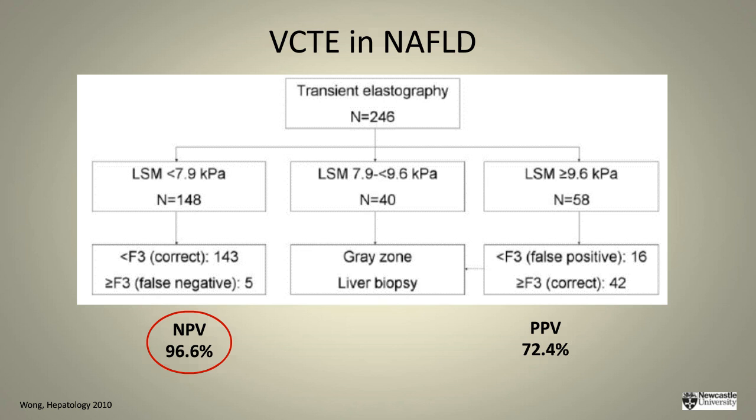The positive predictive value is good, but it's not great. So what I tell patients is if you have a positive FibroScan, it doesn't mean that you definitely have disease. It just means we need to do some additional testing. So what is that additional testing? Well, we'll show you in a minute what we think would be a good approach.